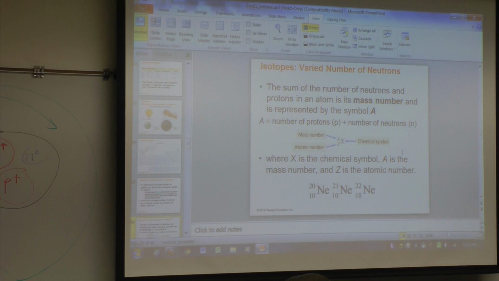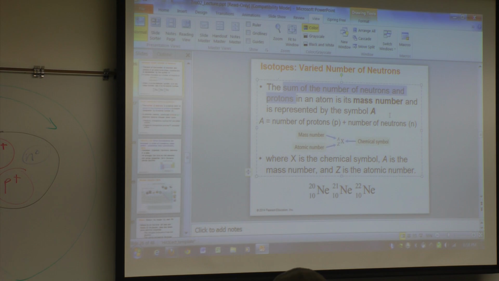So when we write down the sum of the neutrons and protons of the atom, you will note that in this chapter's quiz, it was actually asking how do you find the mass number in multiple choice. So you want to bubble the one that says the sum of the number of neutrons and protons gives you the mass number.